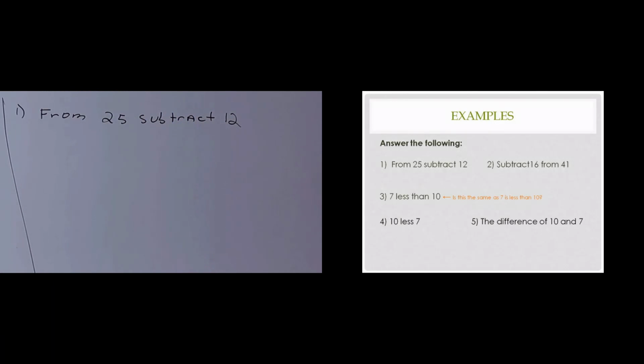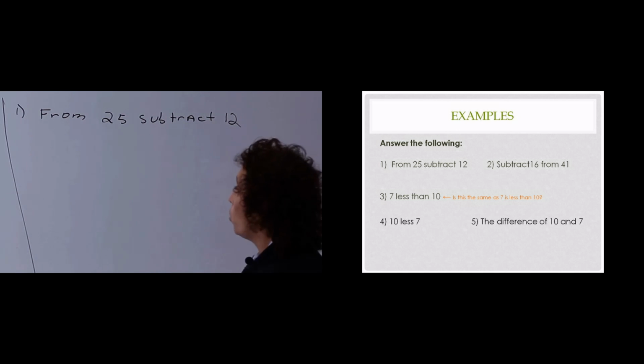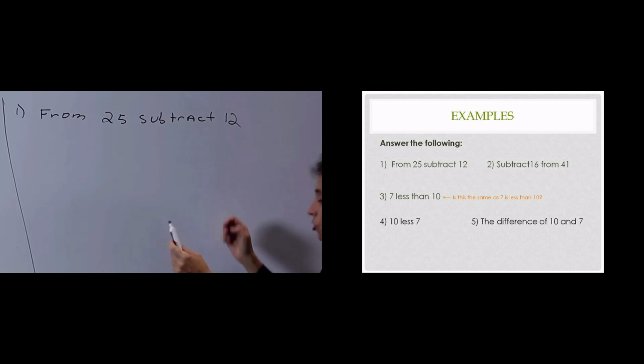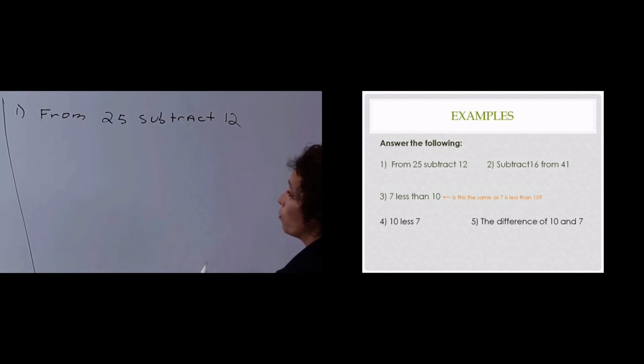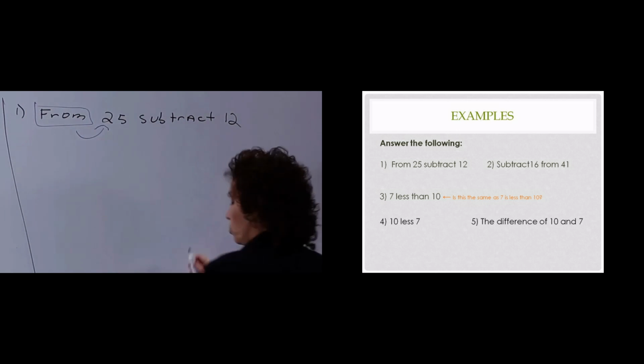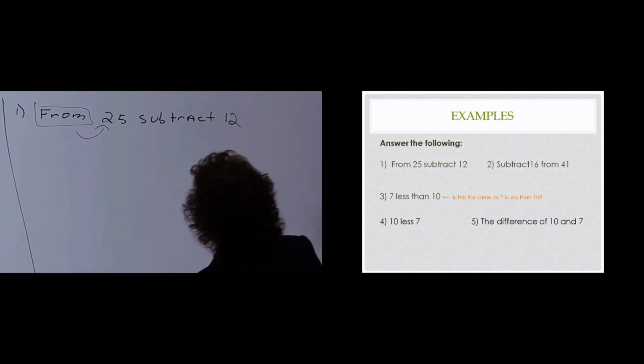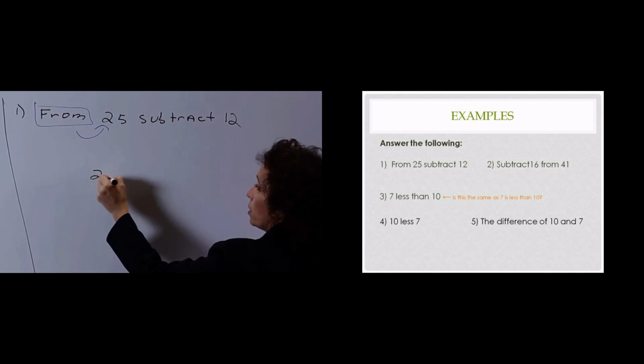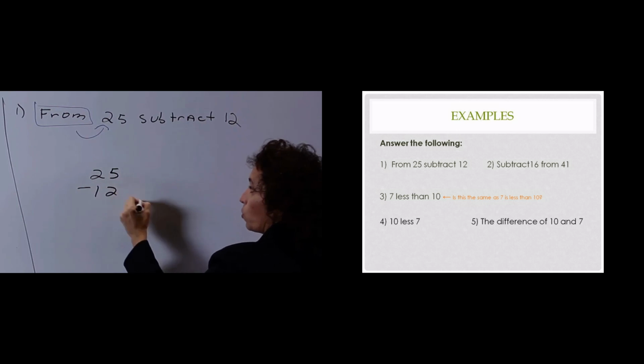If you have from 25, subtract 12, you've got to think about which number goes first. Well, if you're taking from 25, that means you already have 25. So what you have to understand about the word from is anything after the word from goes first. So 25 goes first. So 25 subtract 12 is the way this looks.